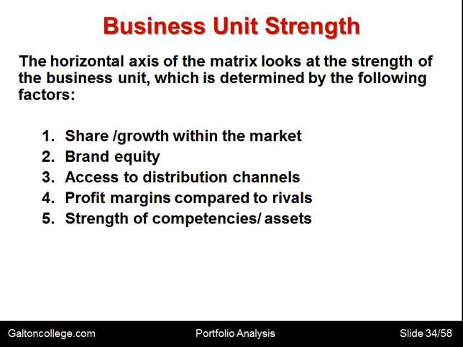What's the strength of competencies and assets? What's the strength of the business? What are the core competencies of the business? What can the business do that other businesses find difficult? And what can the business do easily that gives it an advantage in the marketplace? What's the production capacity and cost?